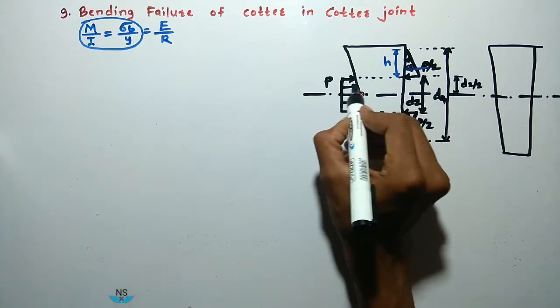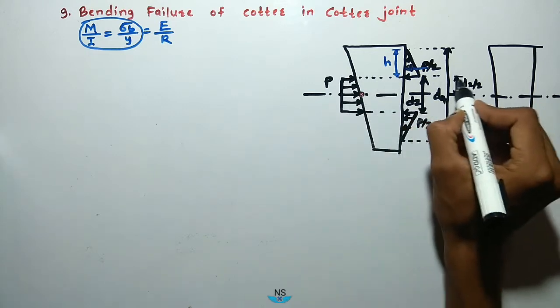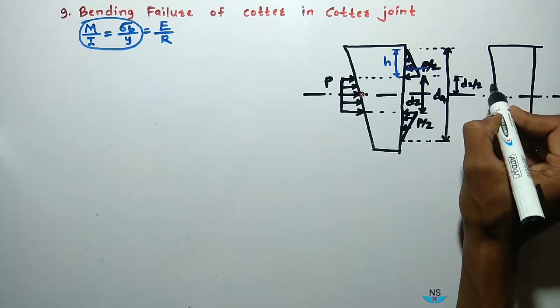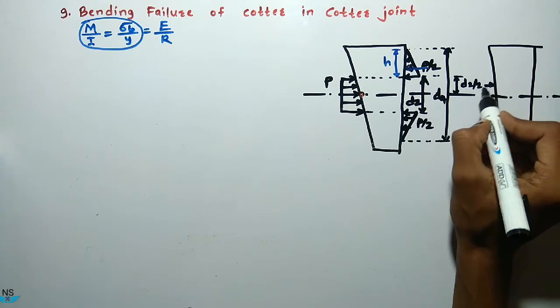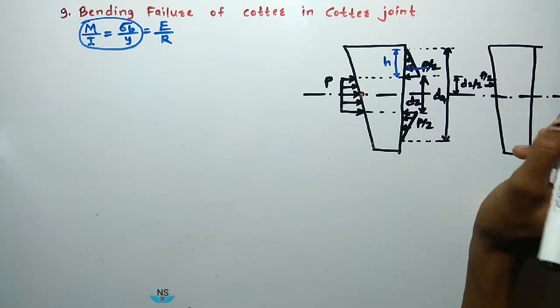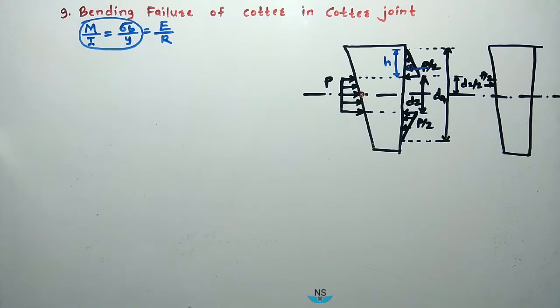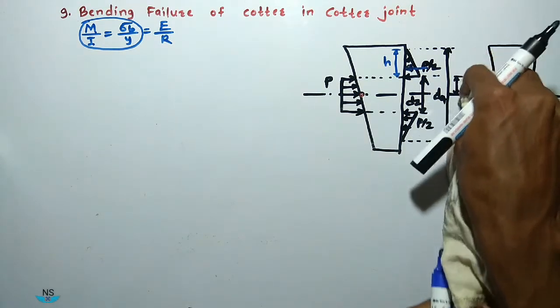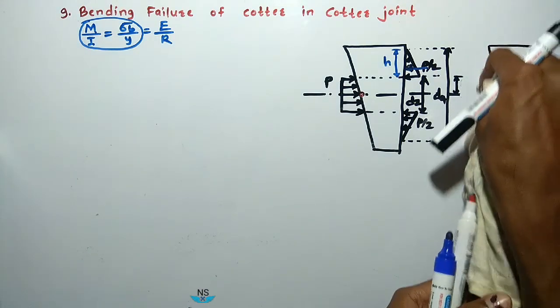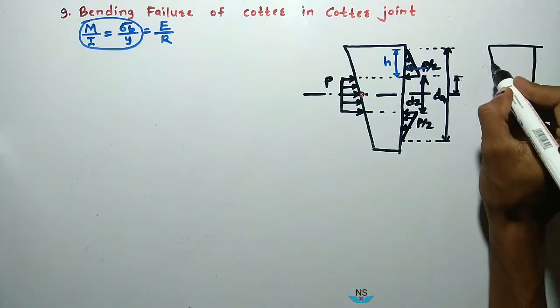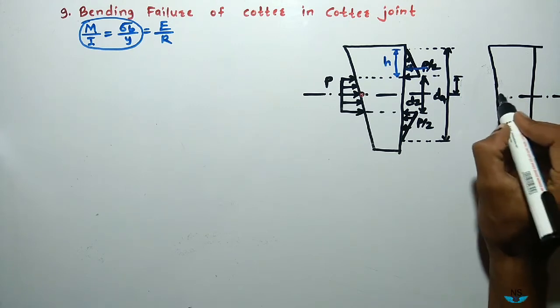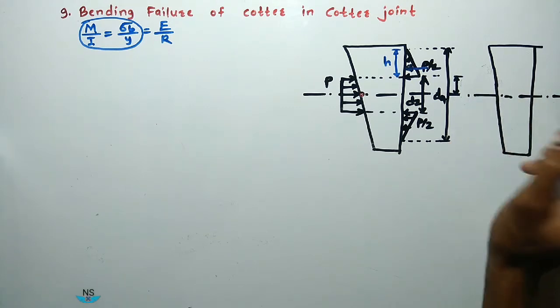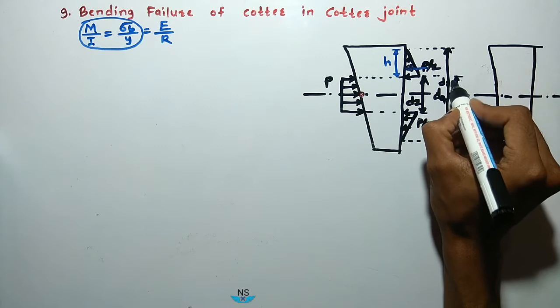Now this force P by 2 will act at the center of this D2 by 2. So this is D2 by 2.